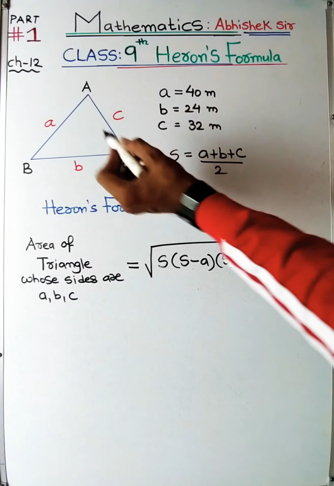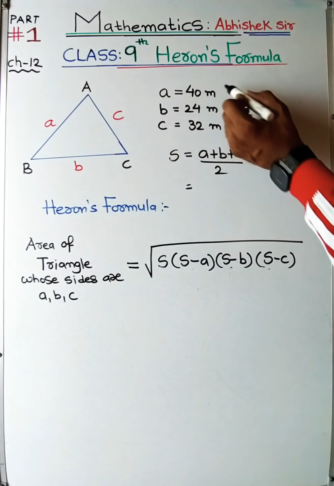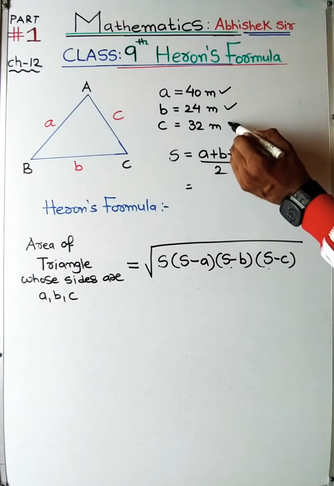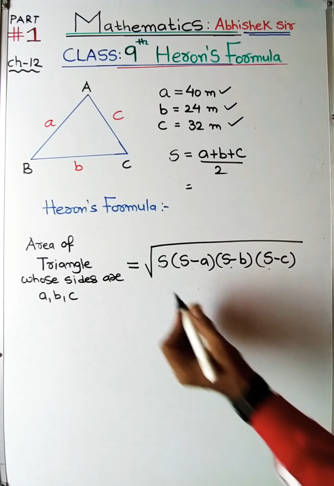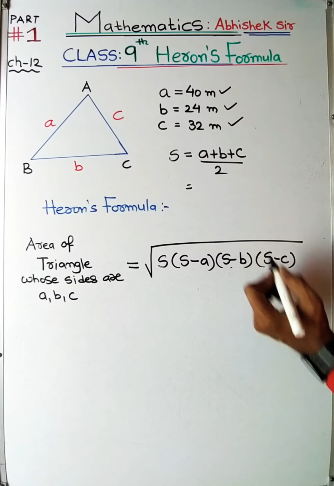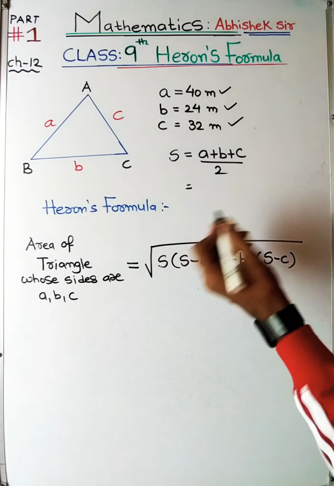You see, we have a triangle in which a, b and c sides are given: 40, 24 and 32 meter. Clear? And we have to find out the area by using Heron's formula. Before you can use Heron's formula, you have to find out what is s, that is the semi-perimeter.